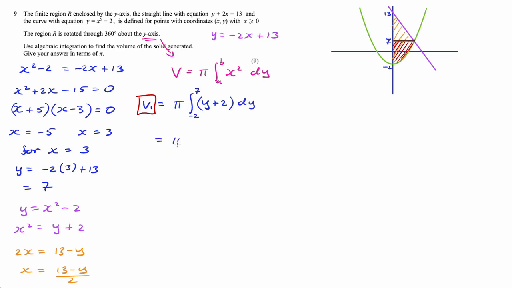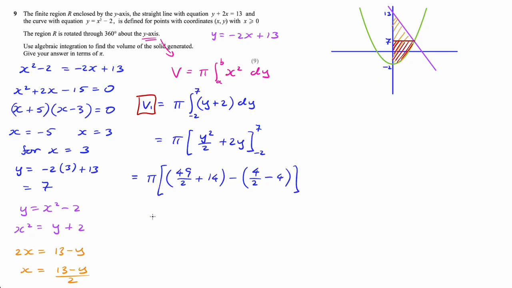So I'm just going to integrate this. This is going to be pi times, integrate this is y squared over 2, integrate this is plus 2y. Sub in my limits, so it's 7 to -2. That's equal to pi times big bracket. Sub in my 7, I get 49 over 2 plus 14 minus, sub in my -2, I get 4 over 2 minus 4.